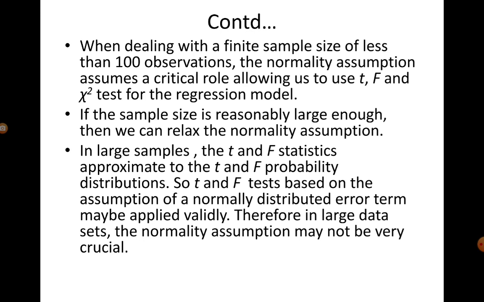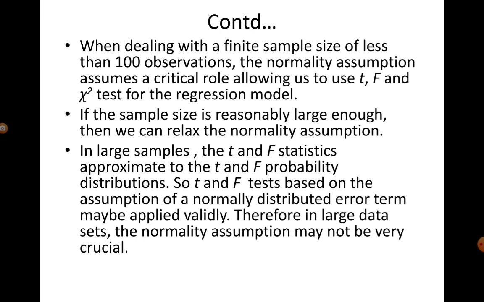Again, the explanation is a little technical, so just remember this point, that especially when it comes to small sample sizes, if we have assumed that the error term follows a normal distribution, it automatically allows us to use T, F and chi-square statistics. Now, if the sample size is reasonably large, then we can always relax this normality assumption and not affect the hypothesis testing.